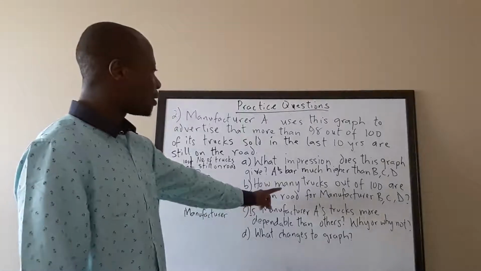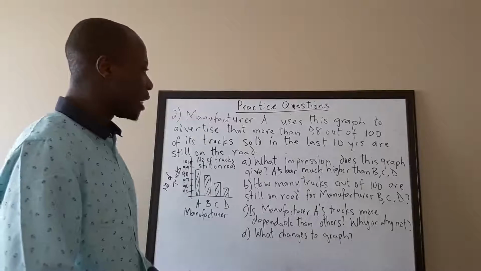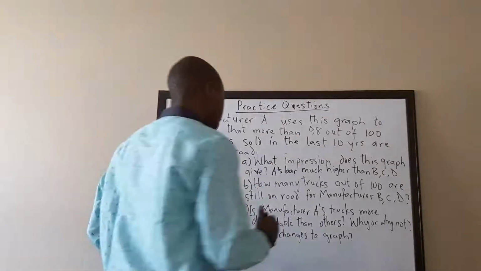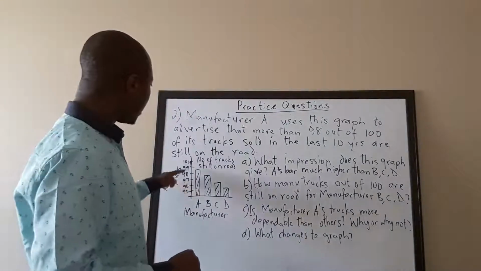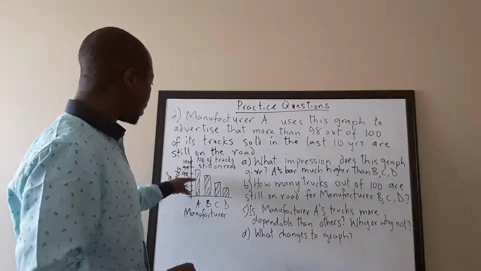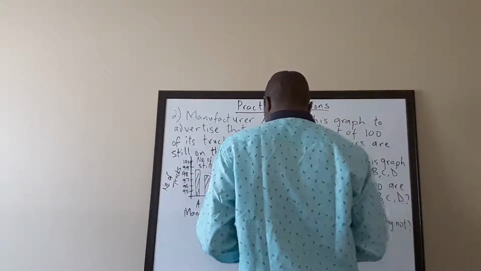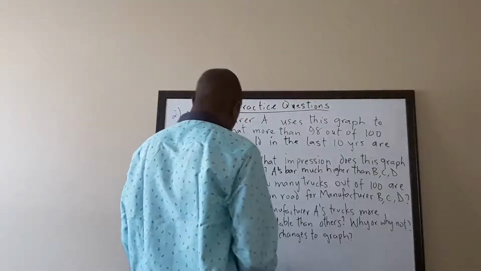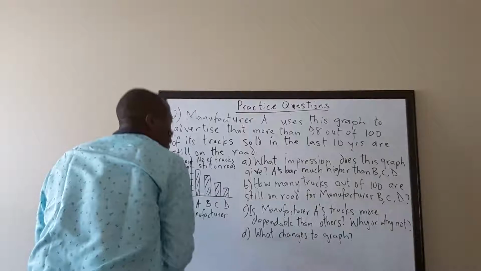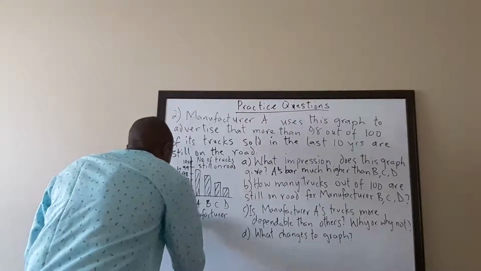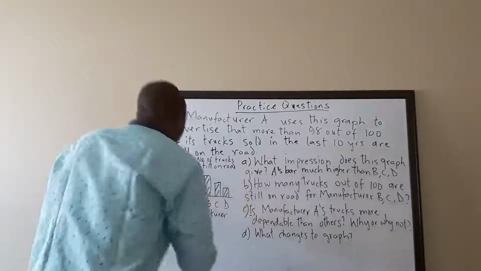How many trucks out of 100 are still on the road for manufacturers B, C, and D? So let's just write that here. So B is almost 98.